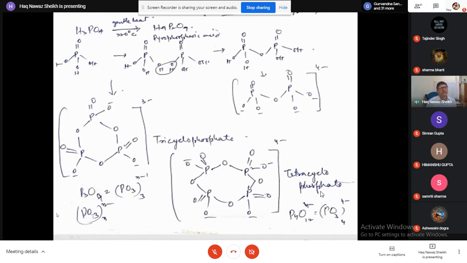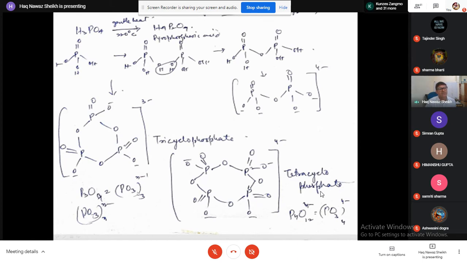This compound has the formula P3O9. If you count the number of oxygen atoms, every phosphorus has two terminal oxygens, so 3 times 2 is 6, plus there are 3 bridging, 6 plus 3 is 9, and there are 3 phosphorus. So this is P3O9 3 negative.